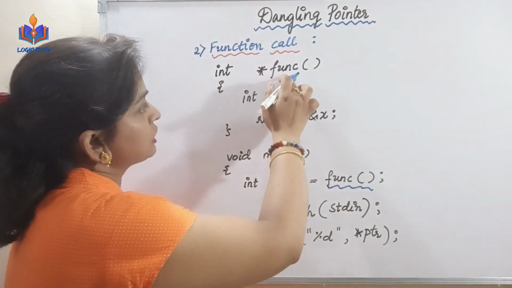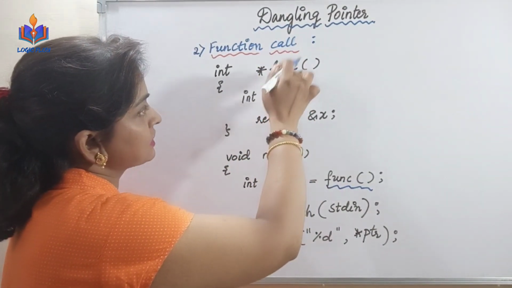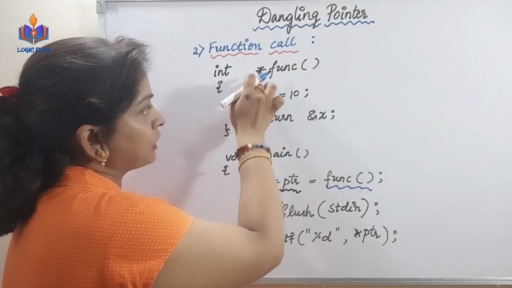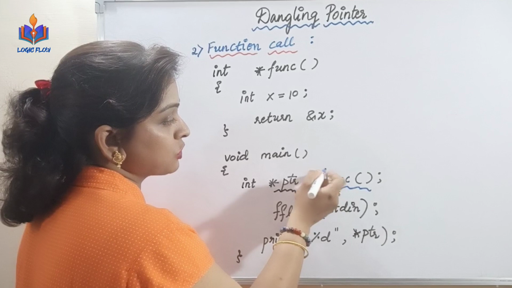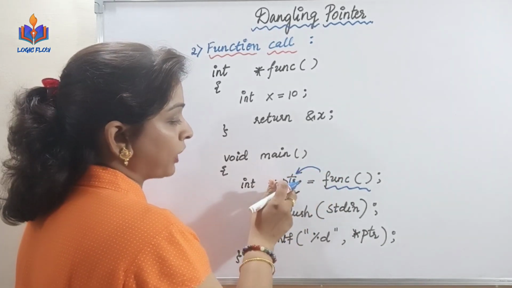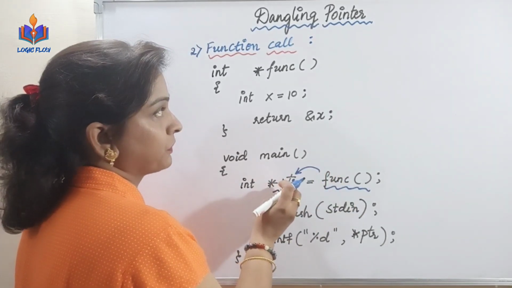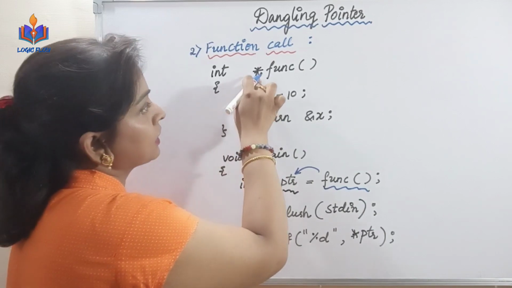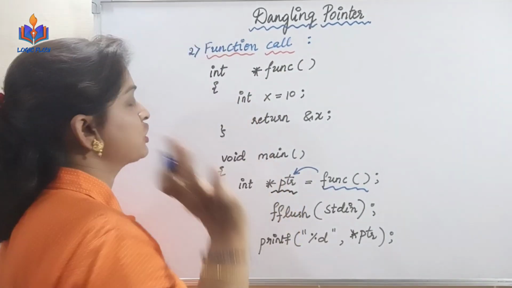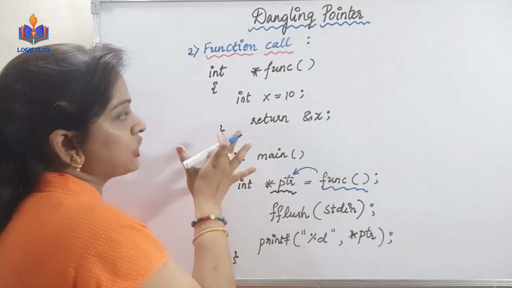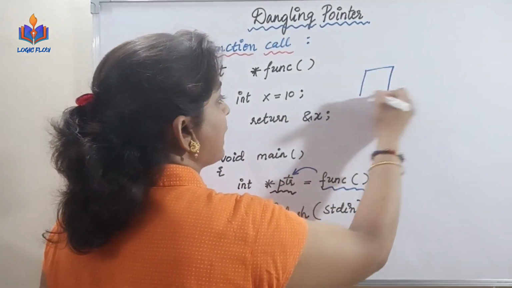So I come to this point. As it is a function which is returning a pointer, the result that I am going to get for this function call will be stored into a pointer. It is going to return a pointer, hence we say asterisk and func parenthesis. The function definition is here. In this function definition, I have a local variable x.